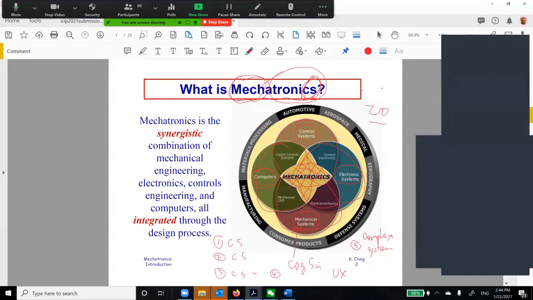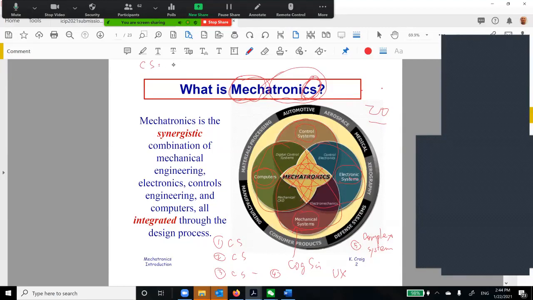Communication system. Yeah, that's also good. Nothing wrong with that. Cool stuff is even better. I like it. So in the future, when you introduce to people, hey, I learned mechatronics today, and it has four areas, complex stuff. Yeah, cool. I think another thing I like is, let's do this.